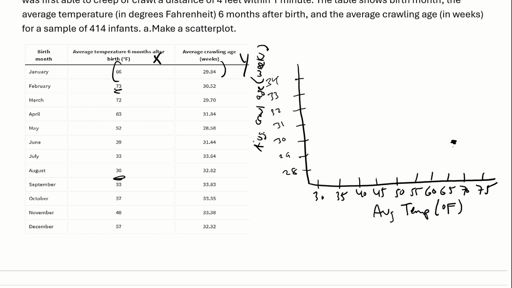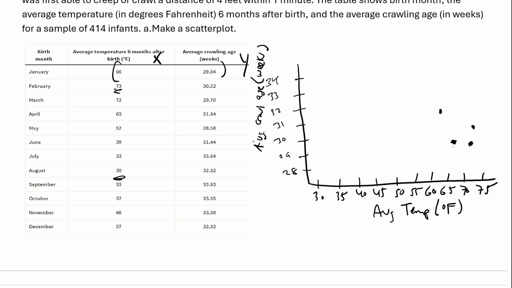Next one's 72, and then 29.7, like maybe around there perhaps. And then 63 degrees Fahrenheit and 31.8, close to 32.